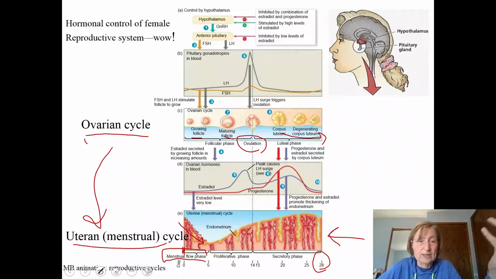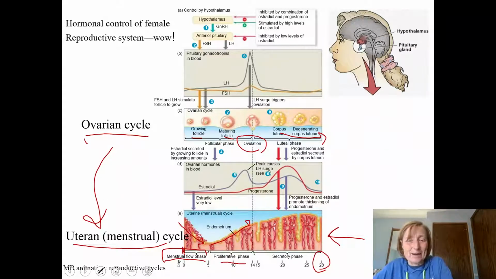The endometrial lining is being shed. That's the period. And then during the proliferative phase, the uterine lining starts to grow and proliferate until about day 14 or 15. That's when ovulation happens. We have to have a rich, well-vascularized uterine lining that's secreting nutrients by the time the egg arrives.